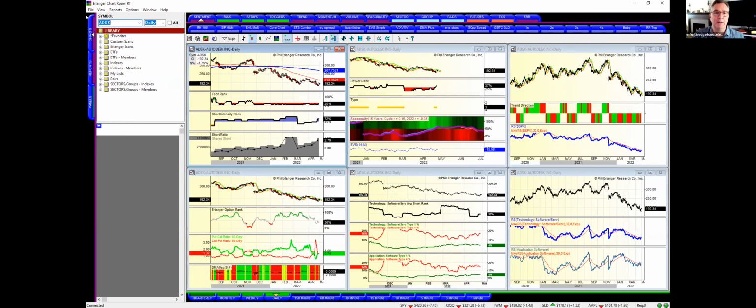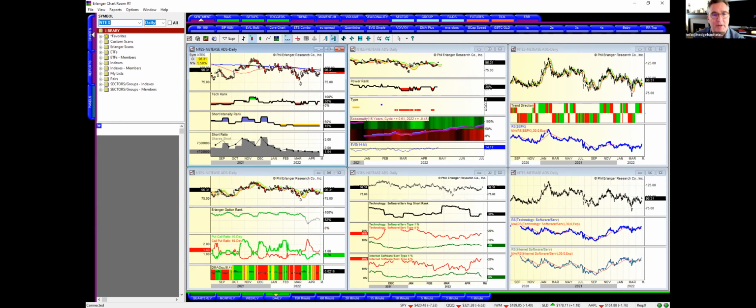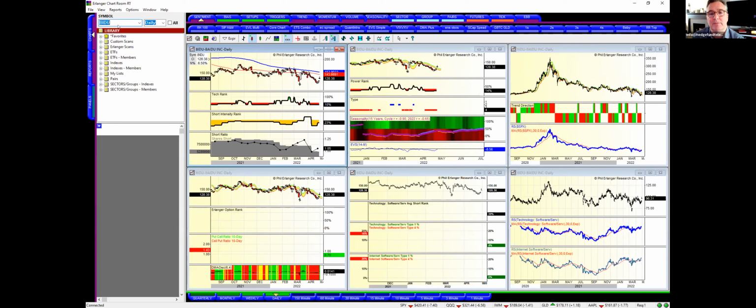And Alibaba. I will say I am so gun shy on the China internet names, just because they're up one day and they give it all back the next day. It's just so difficult, and China's manipulating them. So that's NetEase. Go back to Baba.